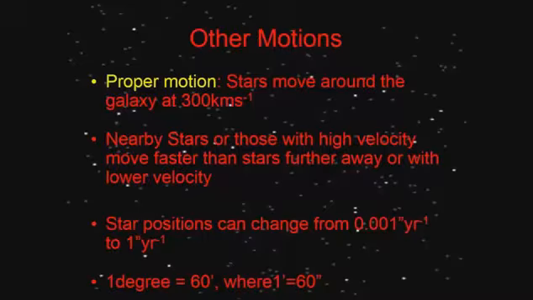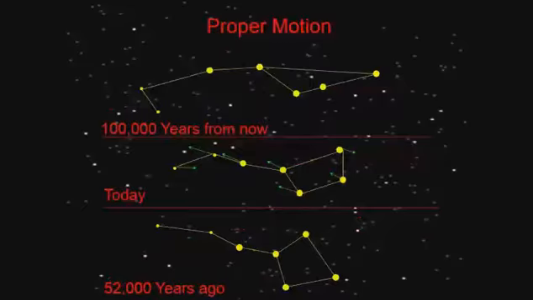And we can express how quickly things change in the sky, or positional changes in the sky, in terms of arc seconds when we're looking at very small changes. But remember, we're looking at small changes over very, very long periods. So proper motion will actually have quite an effect.